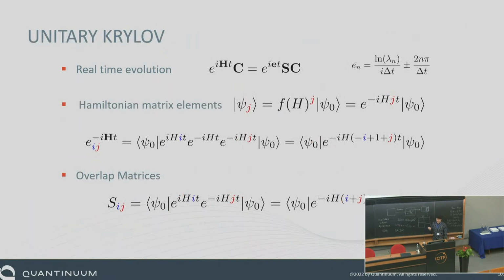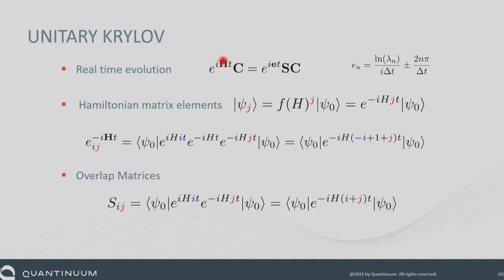Okay, so then you can take this further and make the whole thing unitary. You can even change the eigenvalue problem itself to be unitary. You can take real-time evolution and then take the Hamiltonian operator and make that itself a unitary, rather than it being the Hamiltonian operator. So you're now solving a unitary generalized eigenvalue problem rather than the original one.